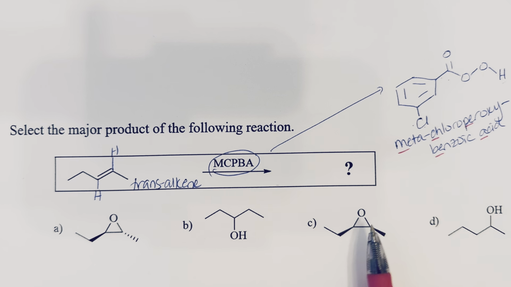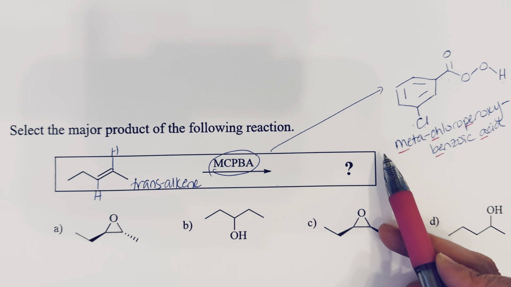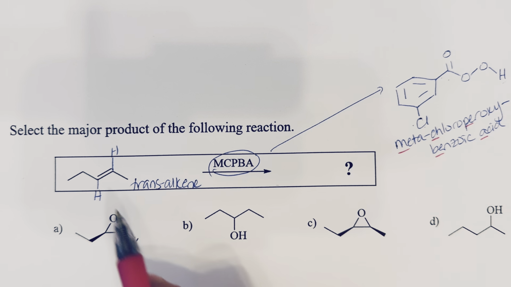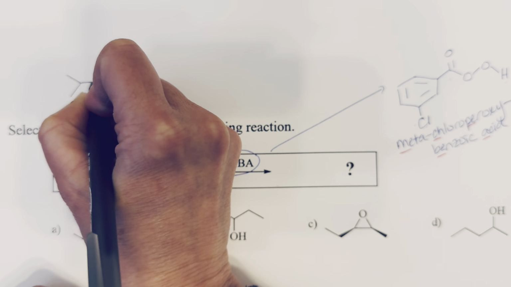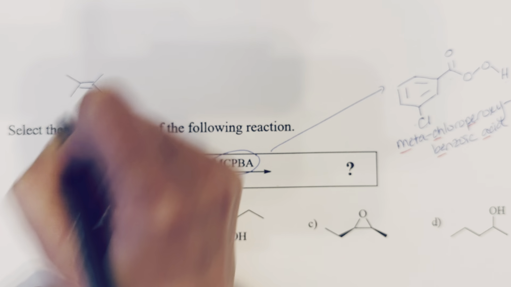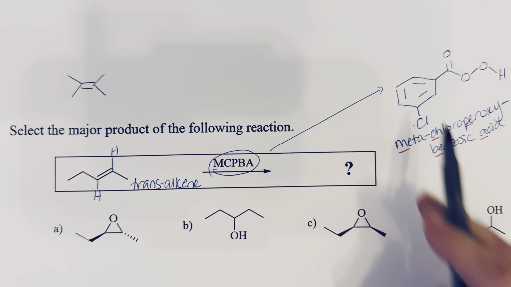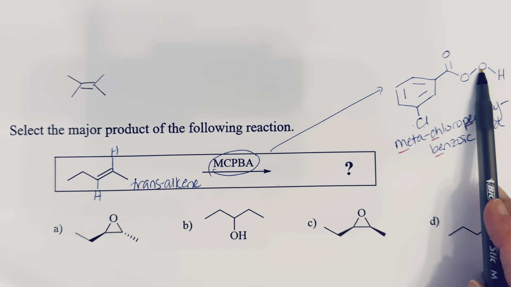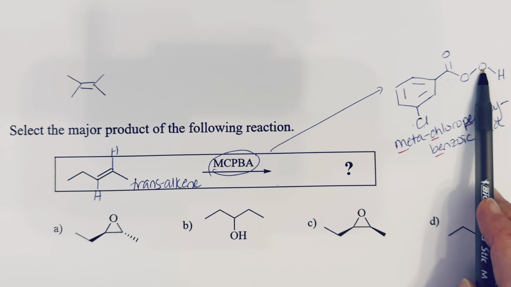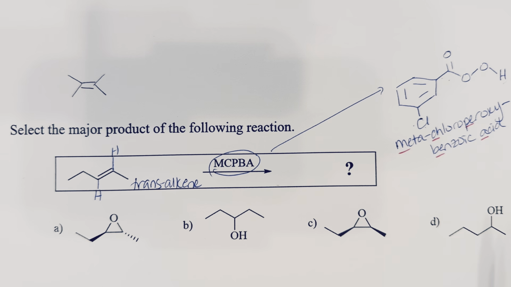So I'm going to draw just a generic peroxy acid, and we're going to take a look at how they interact with alkenes. So we're going to draw ourselves just a quick little model reaction. I'm just going to draw an alkene up here, and I'm going to line up the peroxybenzoic acid, how it's going to react with the alkene. So this oxygen right here, the one that's attached to the hydrogen, is electron deficient.